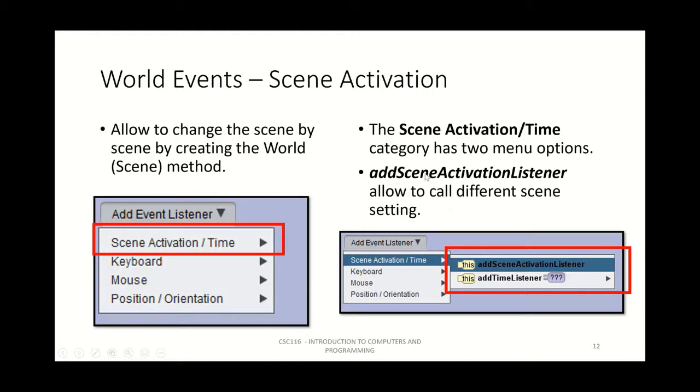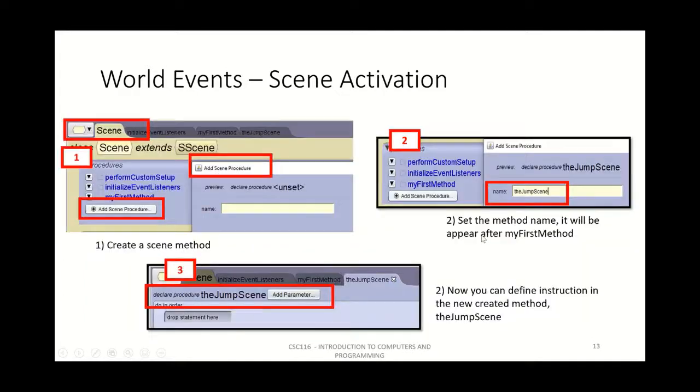Add scene activation listener allows us to call different scene settings. So if you want to change the scenes, you can choose the first option, add scene activation listener. This is the method for changing from one scene to another scene. We have three steps.